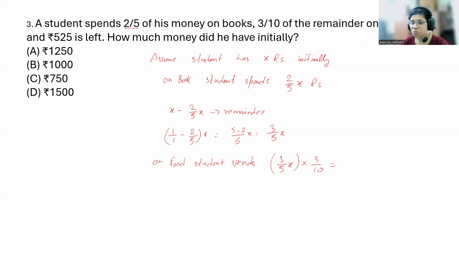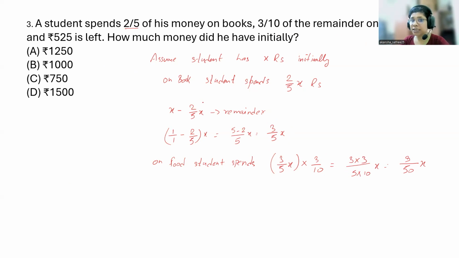This much money he has spent on food, and that you can simplify easily. You are multiplying two fractions. So it is 3 into 3 upon 5 into 10 X, and that is equal to 9 by 50 X. Right? Now he is left with 525 rupees.